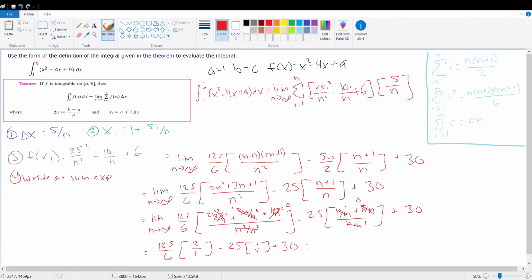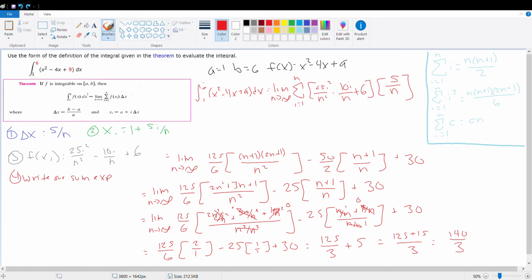So, we get 125 over 3 minus, let's just put plus 5, okay, and simplifying that a little bit, we get 125 plus 15 over 3, which is 140 over 3. And that is our answer to the integral in the very beginning.